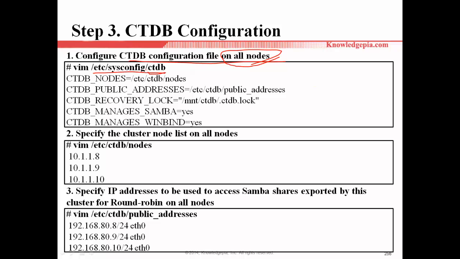Please open /etc/sysconfig/ctdb, and here we have to put some elements, for example the CTDB nodes file, /etc/ctdb/nodes, and the public addresses file, /etc/ctdb/public_addresses. The public addresses file will hold the Samba IP addresses to be exported to clients. And for the recovery log file, in my case we will save it in /mnt/ctdb with the file name ctdb.log, like this. And CTDB_MANAGES_SAMBA=yes and CTDB_MANAGES_WINBIND=yes.